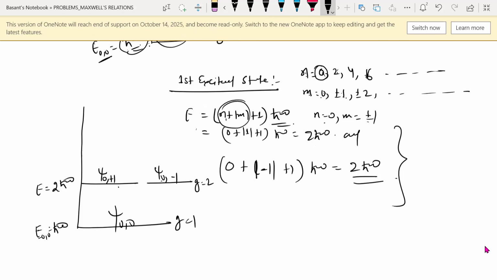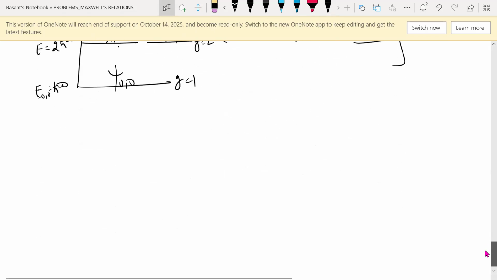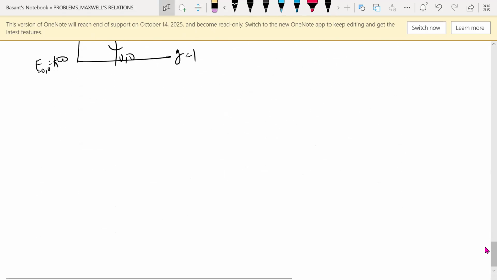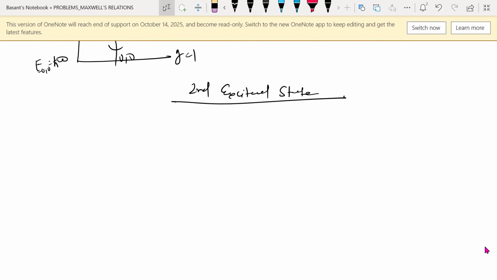Now, for the second excited state. Again, n is equal to 0, 2, 4, 6, and m is equal to 0, plus minus 1, plus minus 2, plus minus 3.